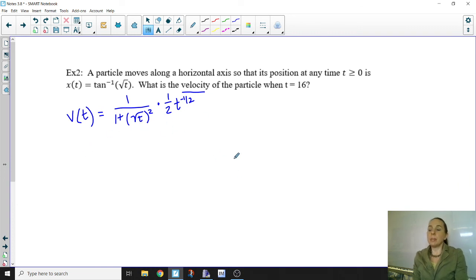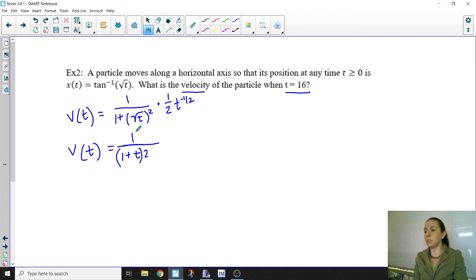Okay, now again, let's talk about simplifying. If you were doing this without a calculator, for sure, you would want to do some manipulation to write that in a better way to be able to evaluate when t equals 16. Keep in mind, we still need to do that. So you might want to do some moves like, well, first of all, the square root of t squared is just t, right? We could put 1 over 1 plus t right here. And then what do we do with this? Well, the 1/2 could become a factor of 2 in our denominator.